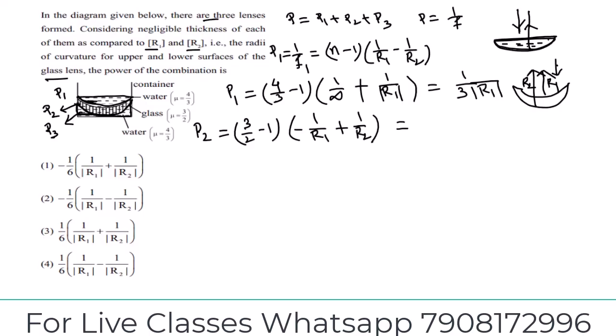So, this becomes half of 1 by R2 minus half of 1 by R1.